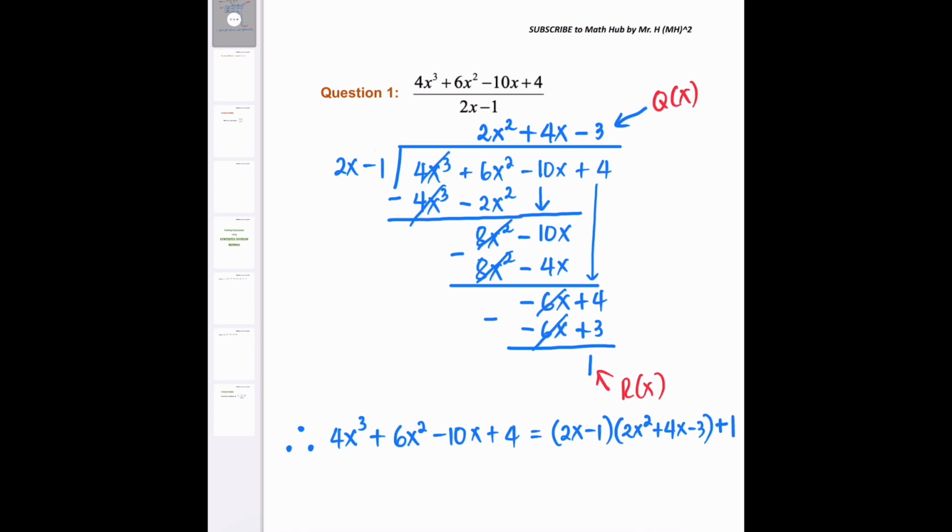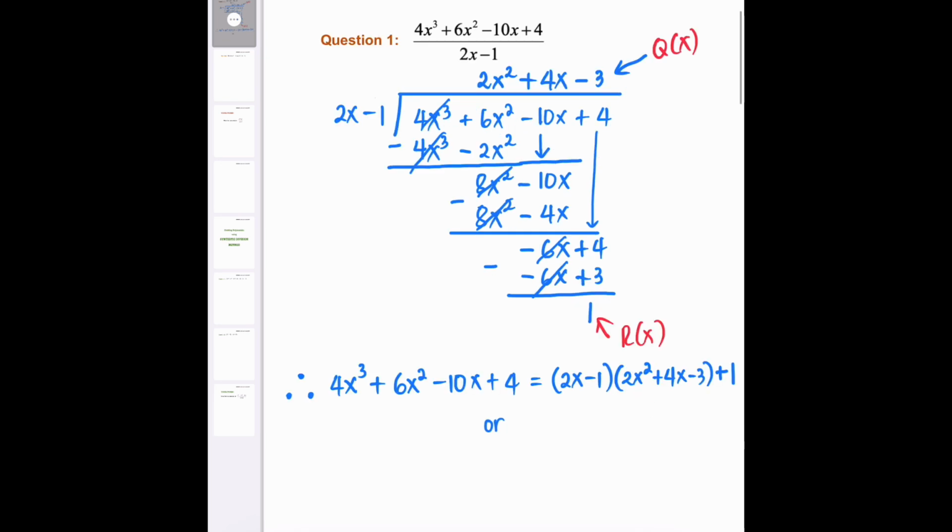Have here our p of x equals d of x times q of x plus r of x, based on the division algorithm. Write it this way too.